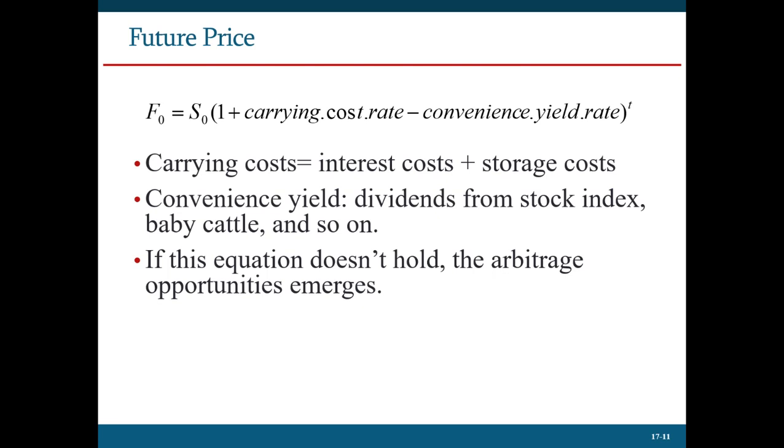Well, over a 1 year time period, you may get some baby cattle, and those baby cattle are valuable. They can be sold for actual money. So baby cattle is another example of convenience yield. So holding assets not only involves a cost, like storage cost and interest cost. It may also bring you benefits such as convenience yield, which can lower your total carrying costs, right?